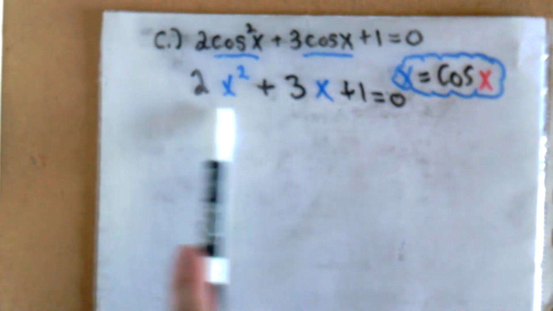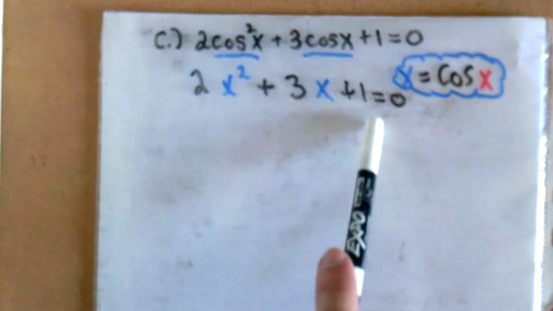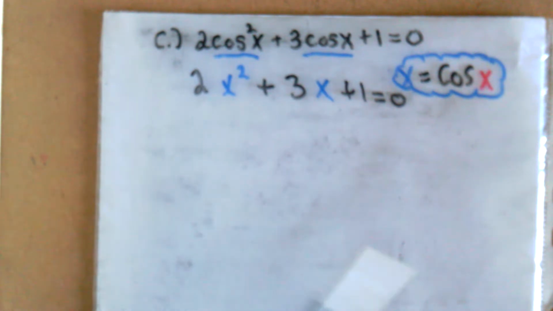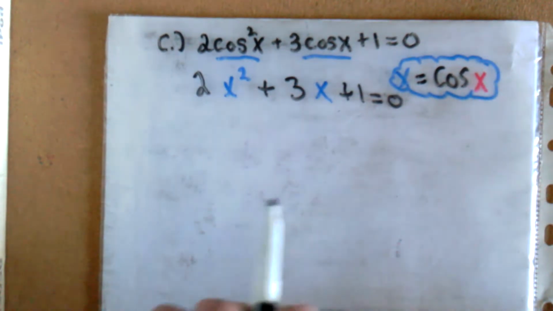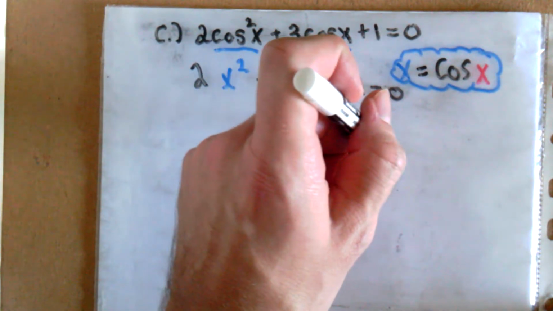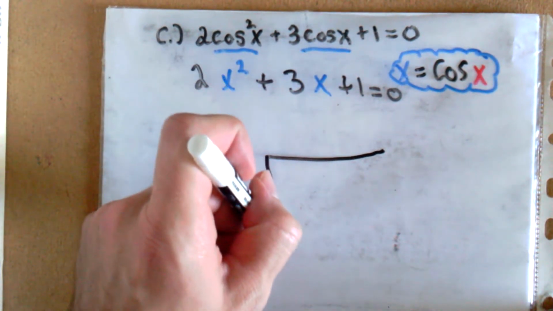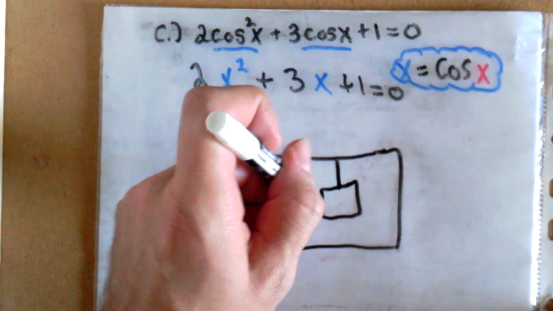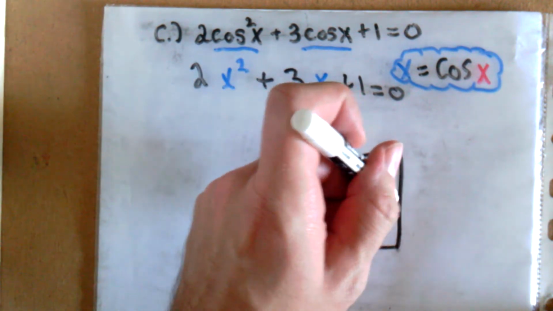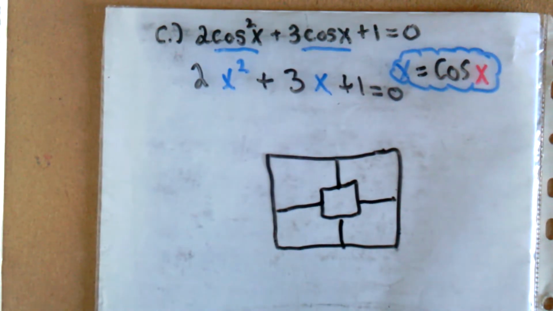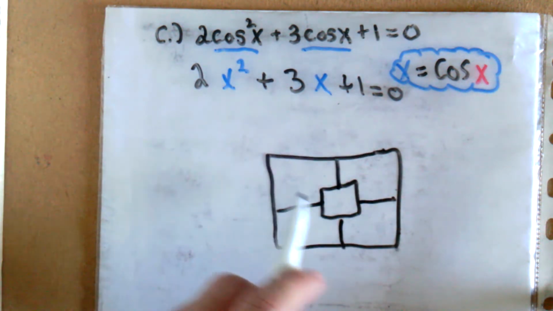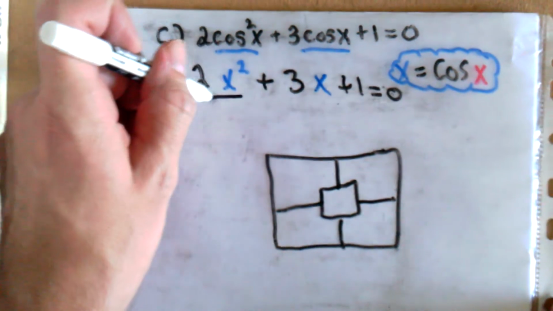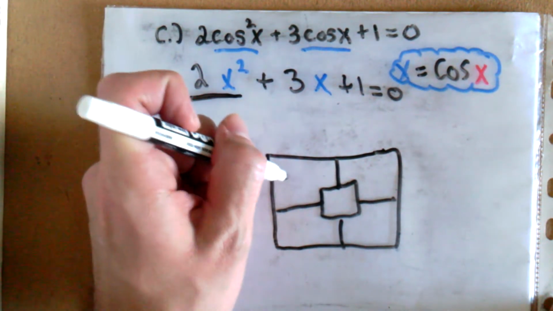So you might recognize the type of equation this is. This is a quadratic. Remember, in order to solve a quadratic, we need to use the Punnett square. Now, I know it's been a while since we've used the Punnett square, so we might have to review a little bit. So let's go ahead and draw our Punnett square. Okay. Remember, we're going to put in our equation along the diagonal here. So the first box is going to use the first term, 2x squared.